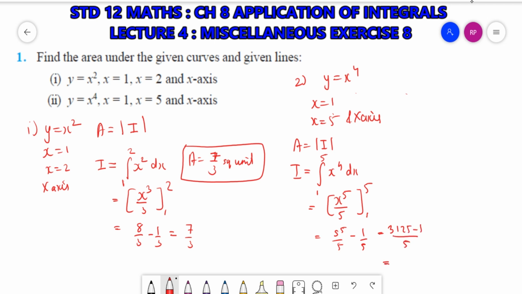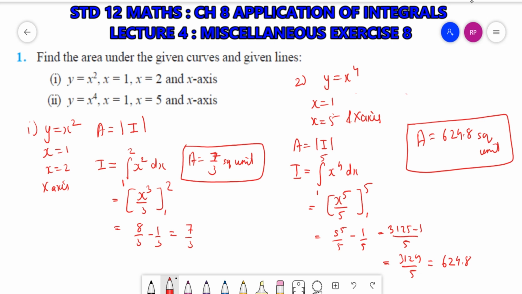This will be equal to 3124 by 5, and that is equal to 624.8. Area, that is modulus of I, it's positive, so 624.8 square unit. This is for the second part of question number 1. Okay, so this was about question 1. Just note it down.